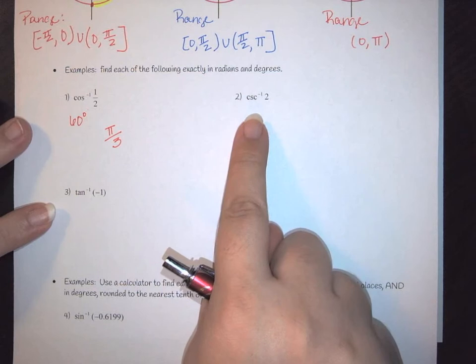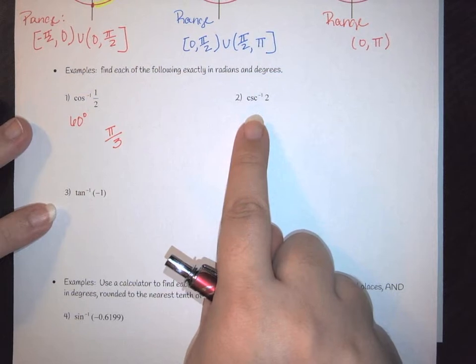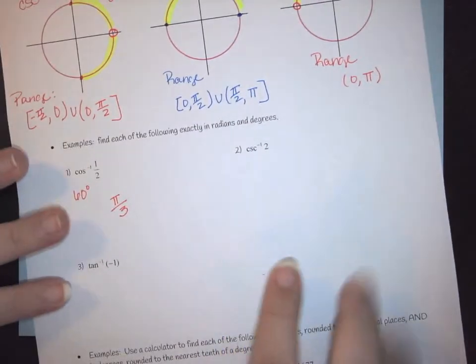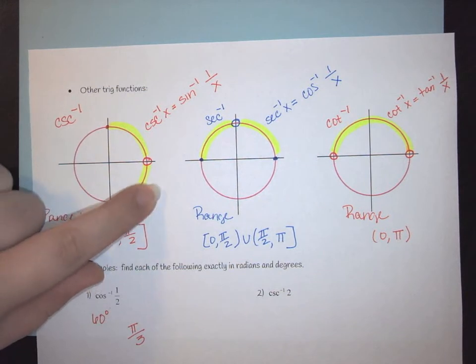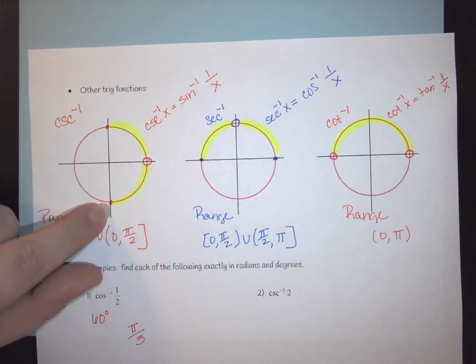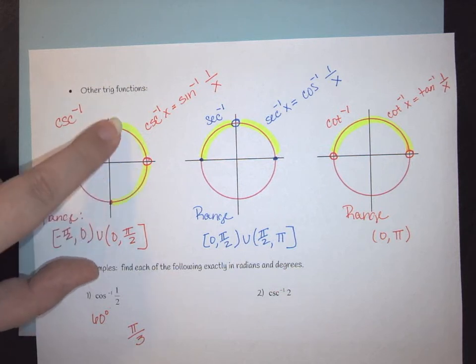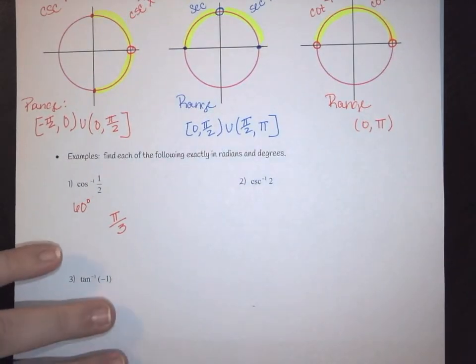All right, now this next one, we want to have the cosecant of 2. Remember when we're talking about cosecant, we're talking about this piece right here, and making sure that this is falling in exactly where it's supposed to be. So we want the cosecant of 2.